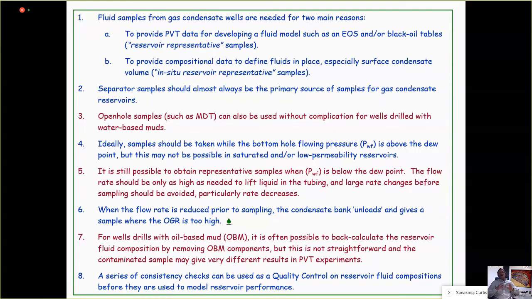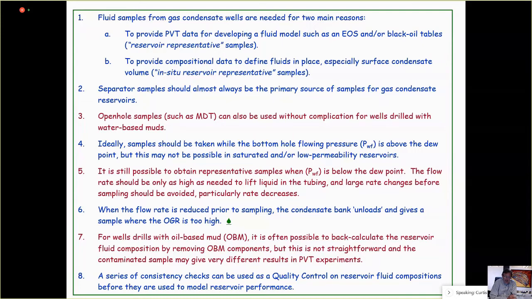They get cores, they can get open hole formation testing samples, even contaminated, for a lot less. They save all the money of the production test period, and they know the well's productivity is high, so they don't need to run production tests. But eventually you'll start getting separator samples from wells. If you don't, then you have to use these open hole formation testing samples.